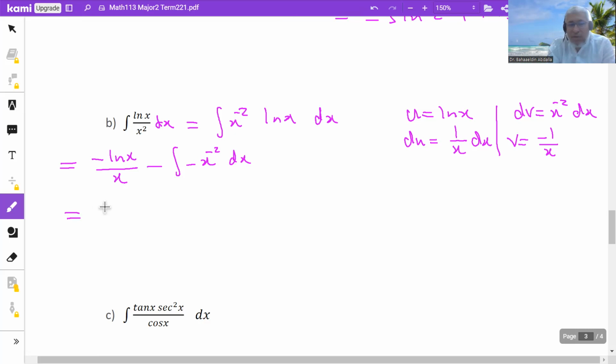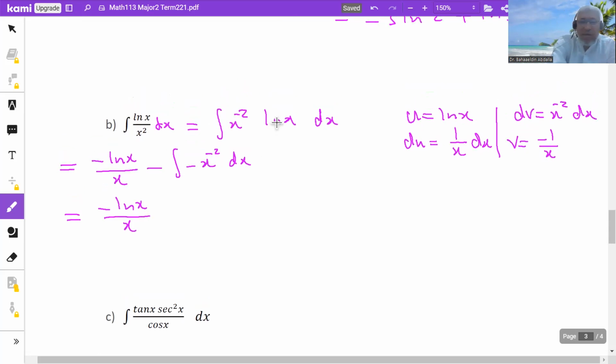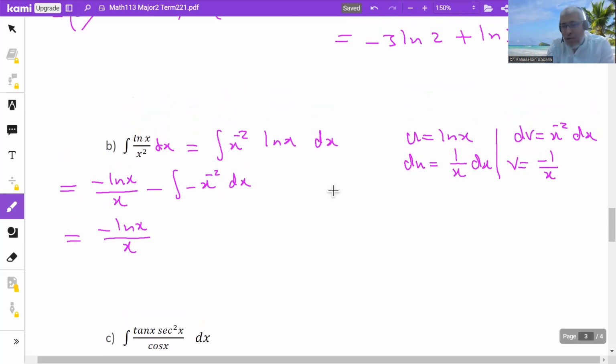So the final answer would be negative ln x over x, and minus times minus is plus. So I need the integral of x to the power -2, which I just found here. So in fact, the integral is -1 over x, and don't forget to put plus c. That's the answer.